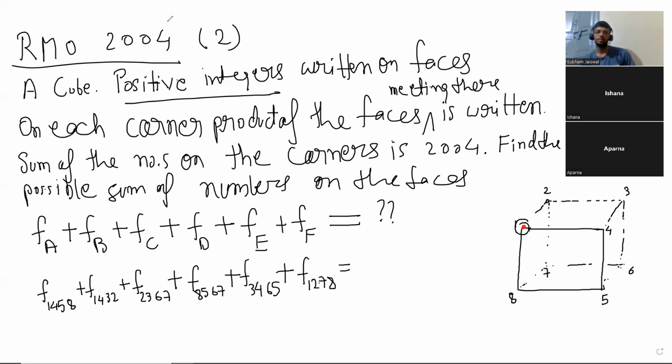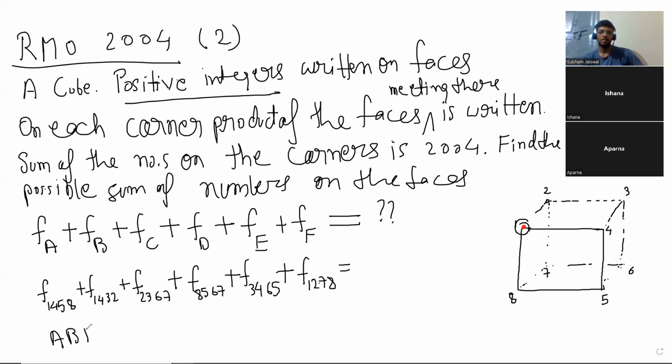Obviously, you will see that this 2, and this 1, anything that has 1 is going to meet. So it will be this one. These 3, right? Fine.